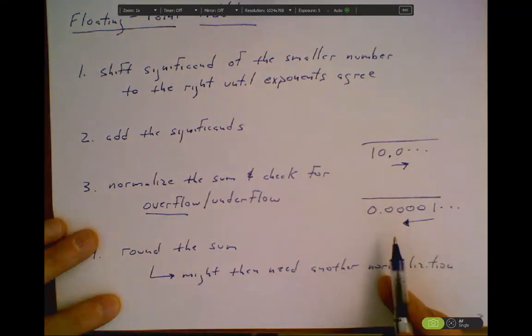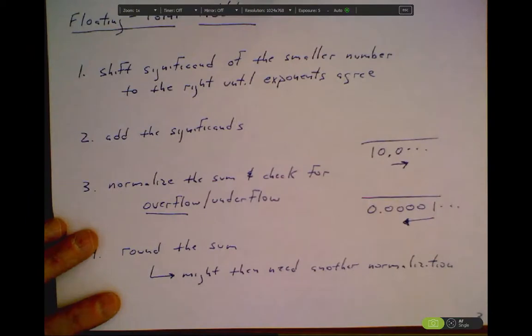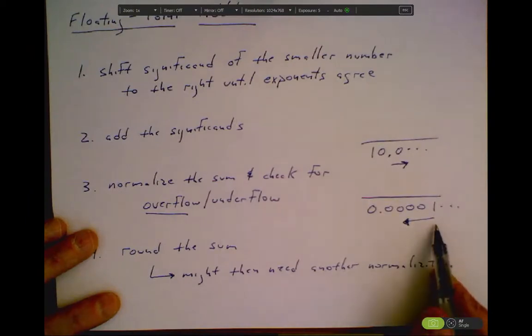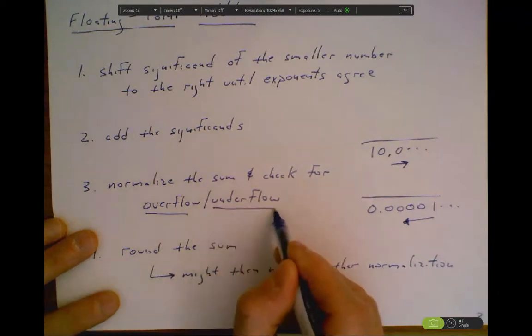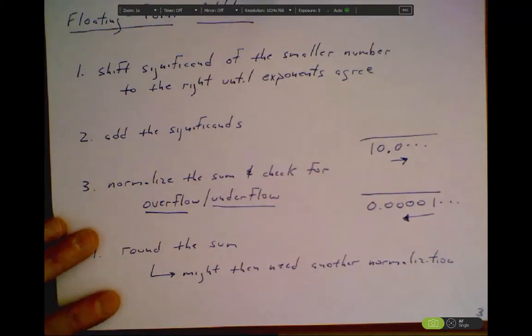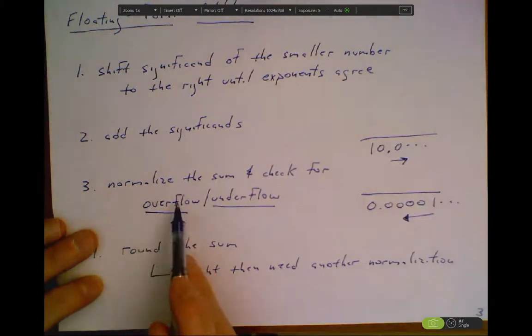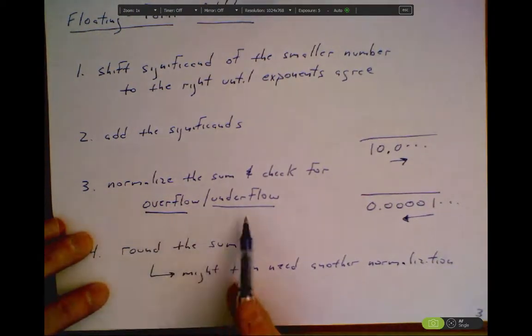Shifting to the left, I'm making the number bigger, so I have to bring the exponent down. When I bring the exponent down, subtract from it, that might result in underflow. I might end up with a number that's too close to 0 to be represented with the number of bits I have available for my exponent. So the normalization step can lead to both overflow and underflow.